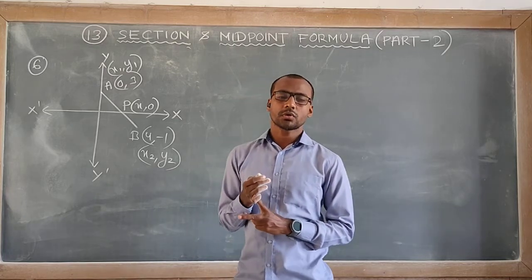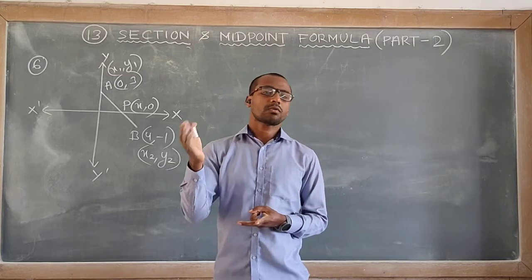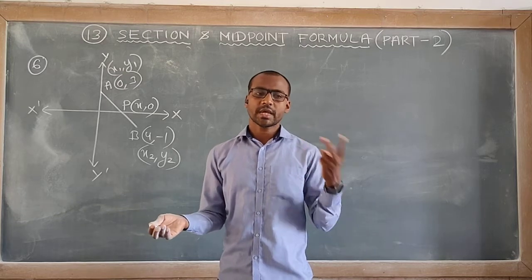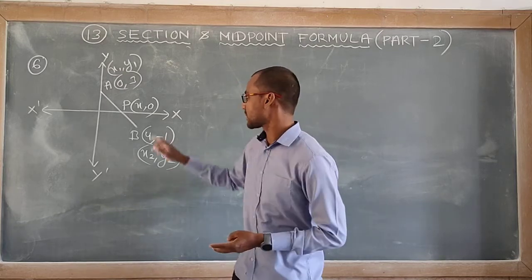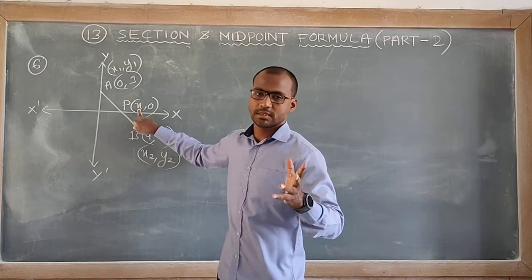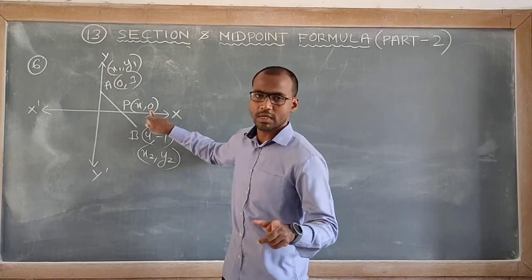If x is given to you, then use the formula for x. If y is given, then use the formula for y. If both are given, then it is your choice. But here x is not given, so we cannot use the formula for x. So we have to use the formula for y.